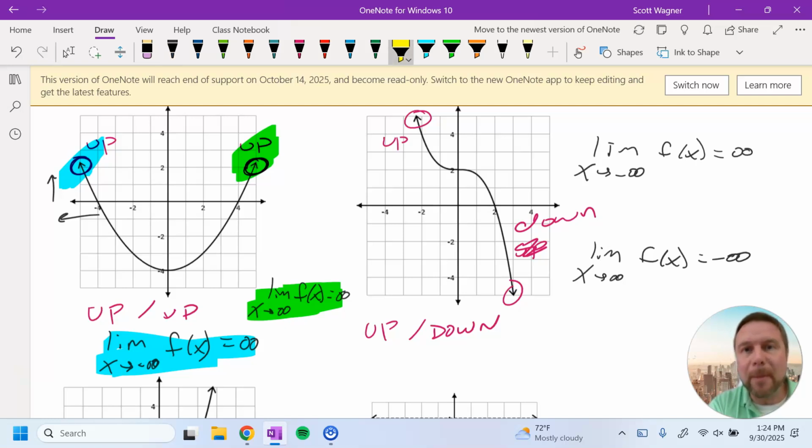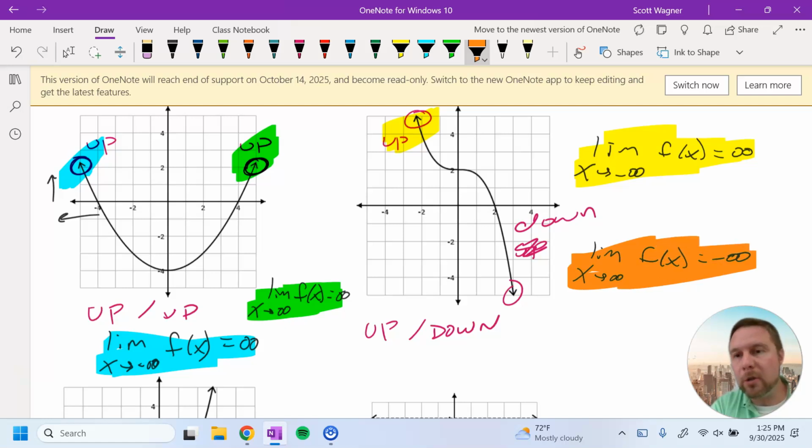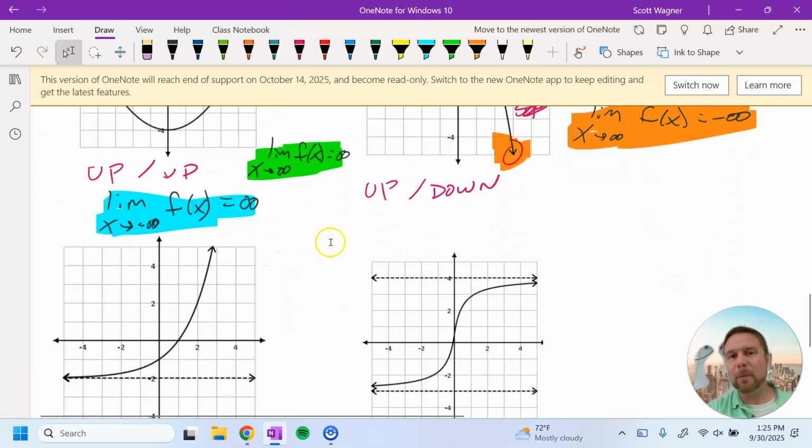And just to map out what I mean, this part right here in yellow is the left side of the graph, and this side over here in orange represents the right side of the graph.